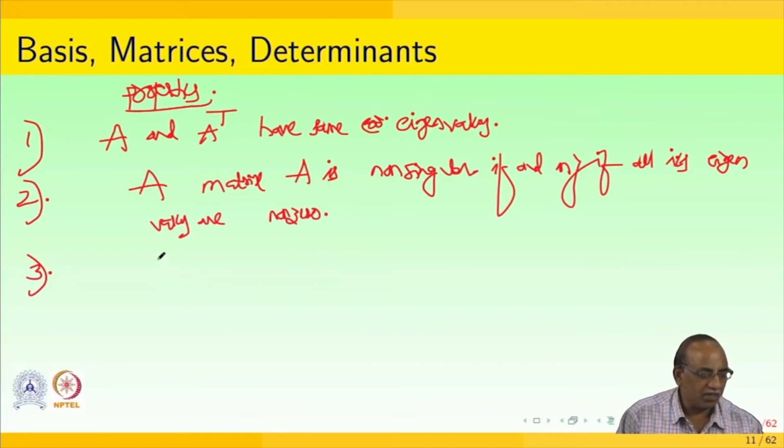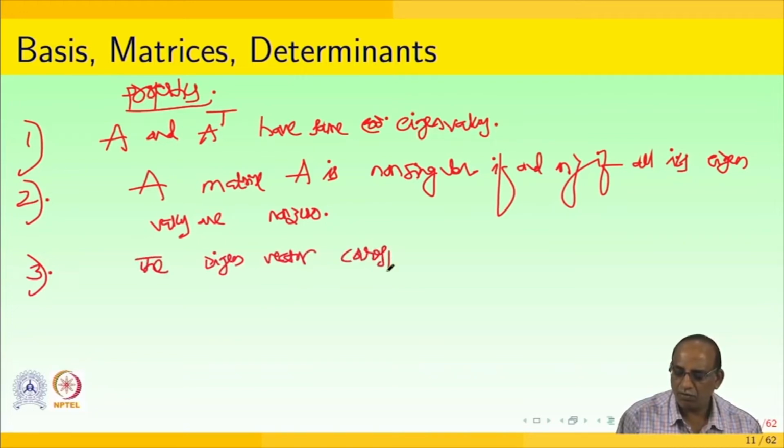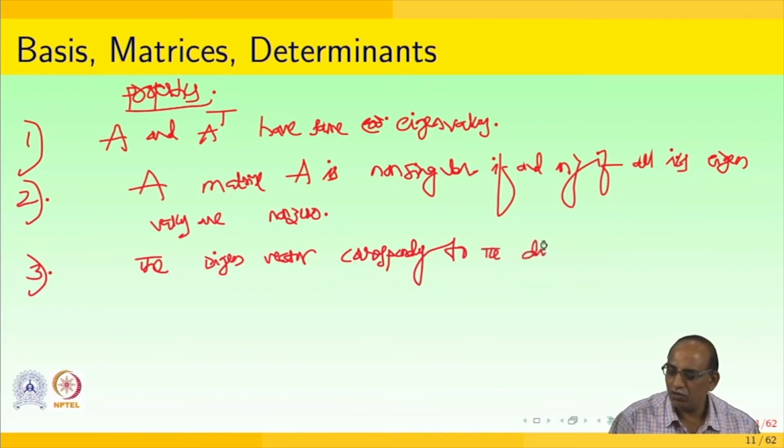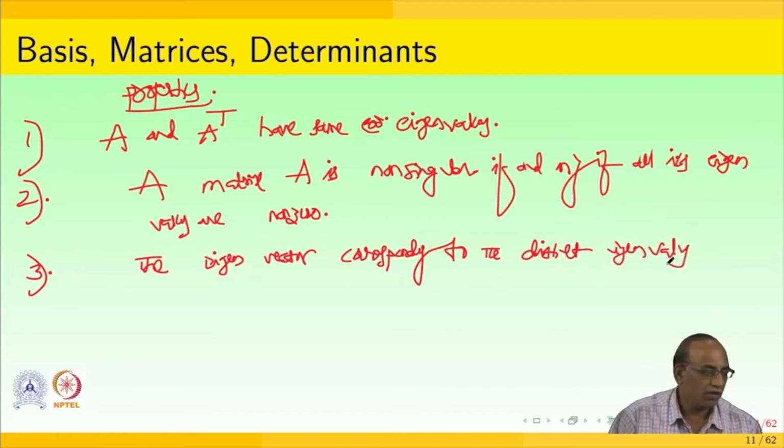The third point is that the eigenvectors corresponding to the distinct eigenvalues are linearly independent.